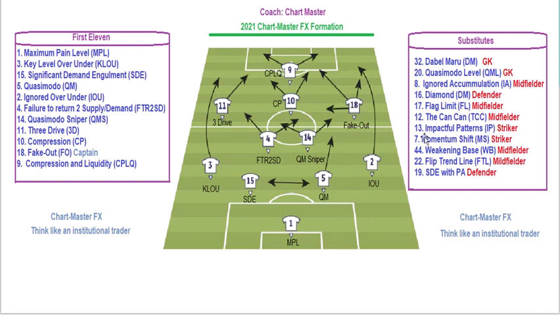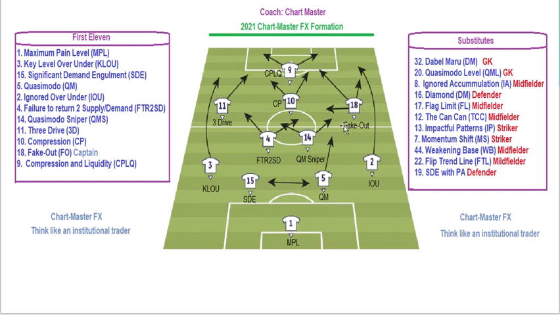However, even if you don't specialize in the claw, but you specialize in the Quasimodo, then it's fine. You know that once a Quasimodo is formulated, you will be looking now either for a fake out or a compression or a 3 drive or a CPLQ, because usually the Quasimodo itself cannot be able to score goals because it's a defender. It's on the defensive end. You will be having a goalkeeper before the QM, so you need to find some strikers, you see.